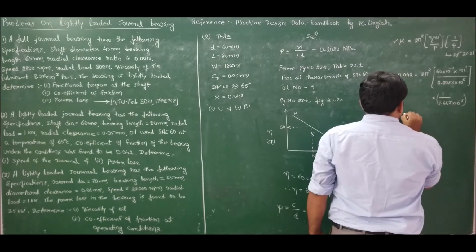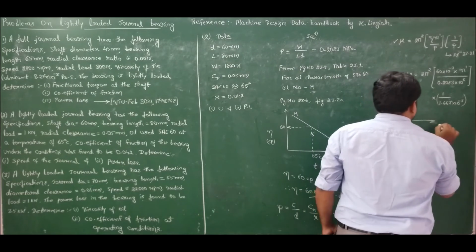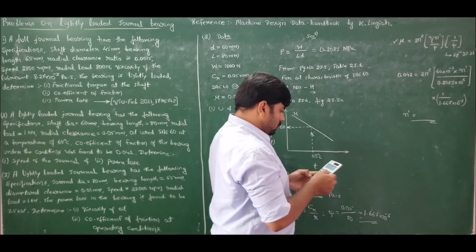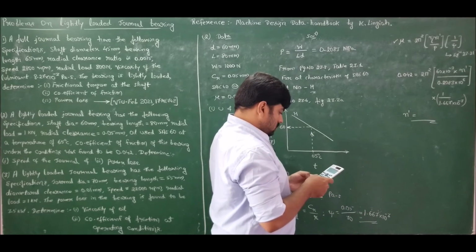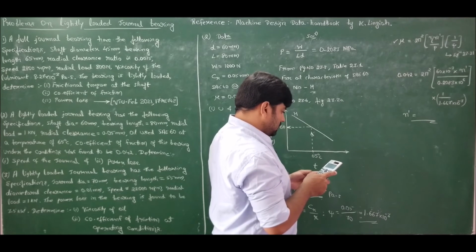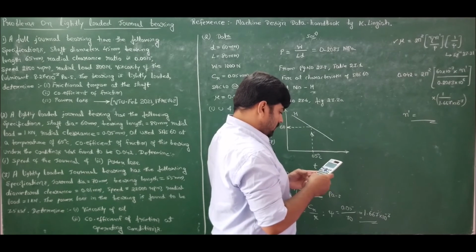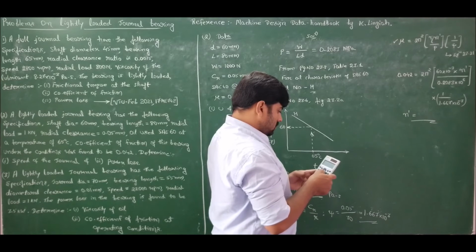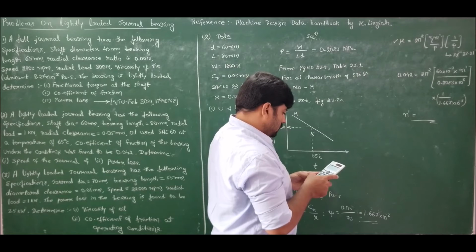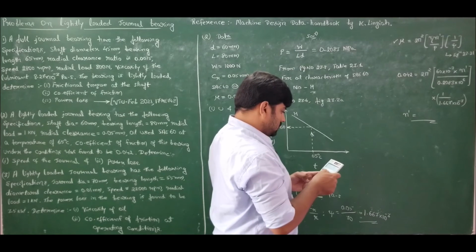So if I solve, I will get n dash, that is in RPS, as 0.042 into 1.667 into 10 to the power of minus 3 into 0.2083 into 10 to the power of 6.